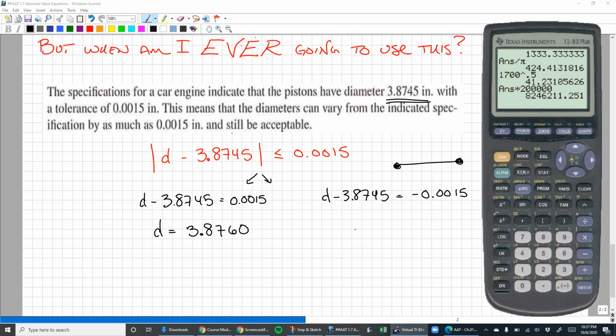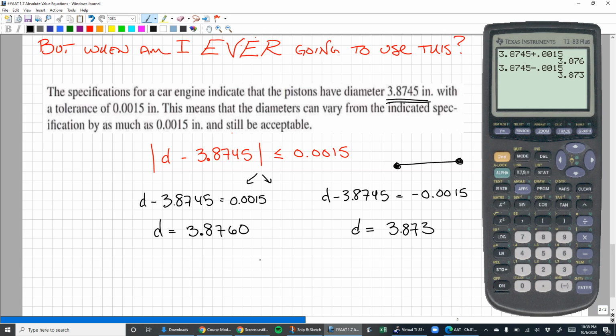I can double check that right there, with a value of 3.8745 plus 0.0015. Yep, we get that same value right there. And then we could do the same thing over on the other side, and d is equal to that minus the other one, second value. Bring this over with a minus, and we get that other one.